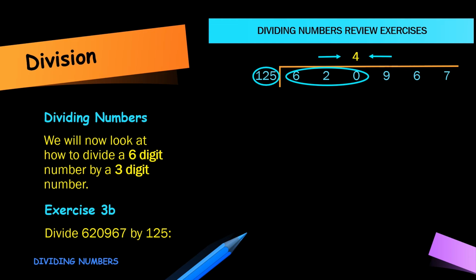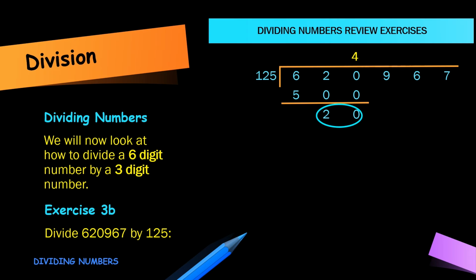Multiply 125 by 4 to give 500. Subtract 500 from 620 to give 120. Bring the 9 down. How many 125s are there in 1209? There is 1.